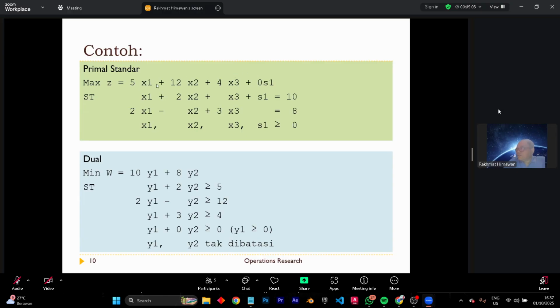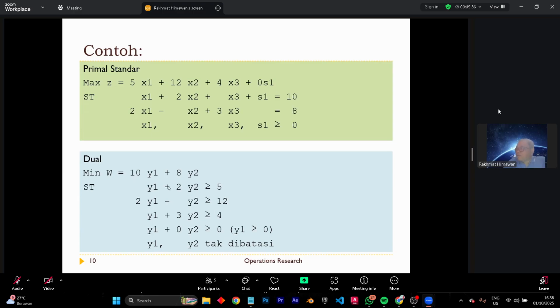The coefficients of the objective function will become the right-hand side of the constraints in the dual: 5, 12, 4, and 0. Then the right-hand side of the constraints in the primal will become the coefficients of the objective function: 10, 8 become 10, 8. There is no more x here, but there are y1, y2.